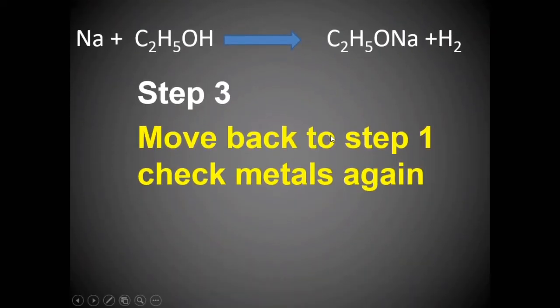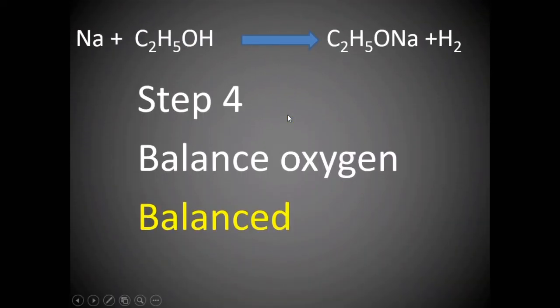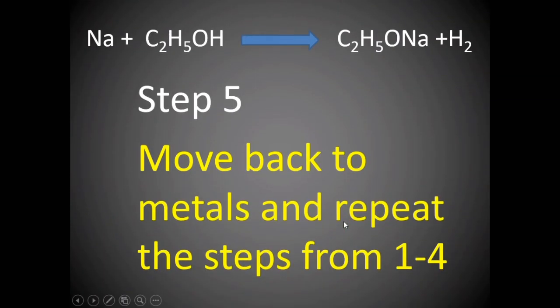The third step is to move back to step 1 and check the metals again. Our sodium is a metal and it is balanced. Step 4 is to balance oxygen. Oxygen is balanced on both sides of the reaction.